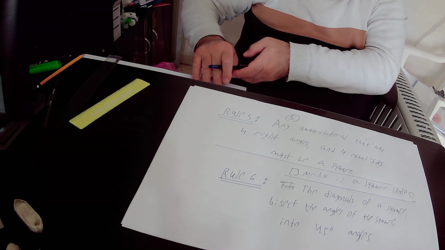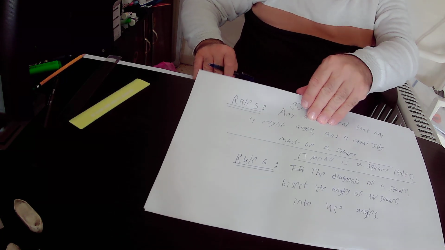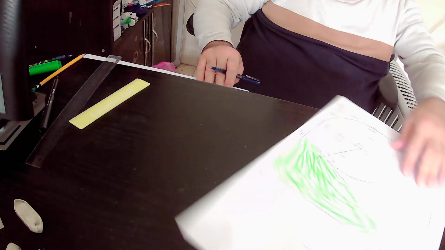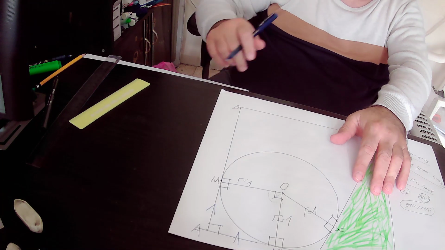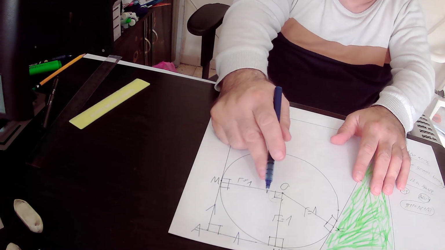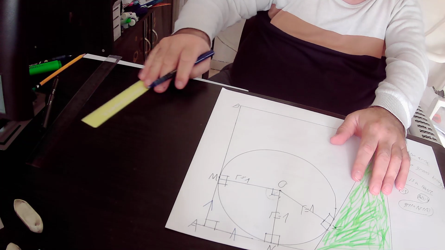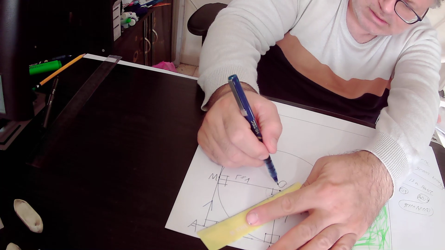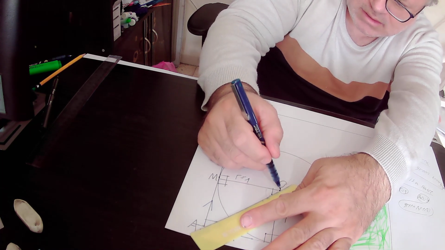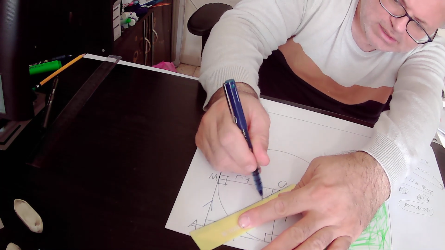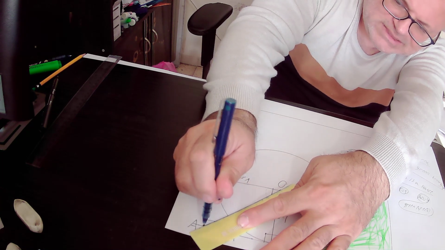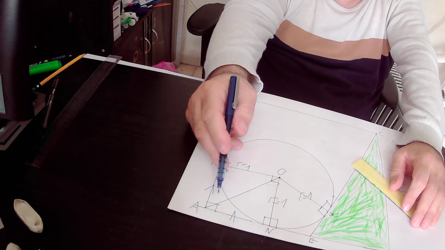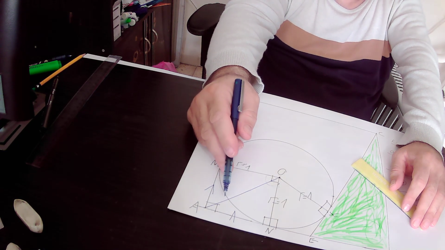So here we have the square MOAN, and according to rule number 6, the diagonal OA bisects this angle A into 2 angles of 45 degrees.